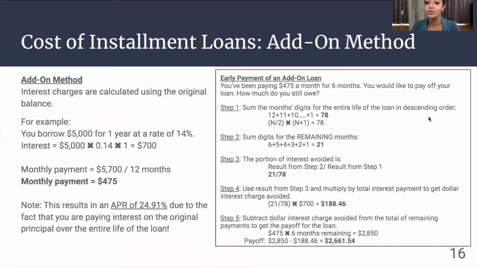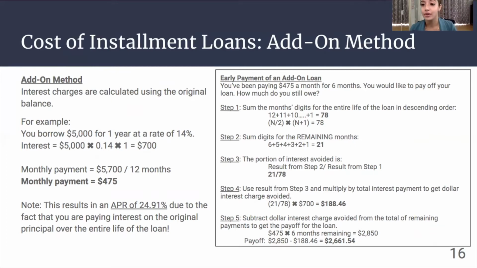So now we get into the add-on method for installment loans. This is a little bit more complicated, but bear with me, we're gonna walk through it. Your interest charges are calculated using the original balance. So you calculate interest the same way that you would with the simple interest method, meaning $5,000 times 14% times the 1 year that you're gonna have this loan outstanding.